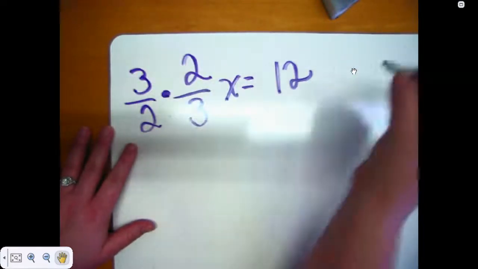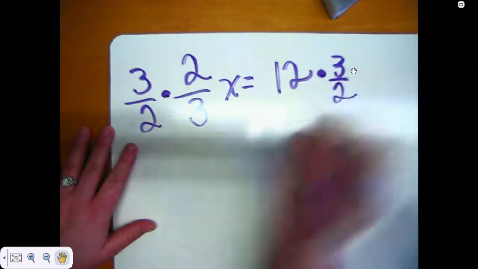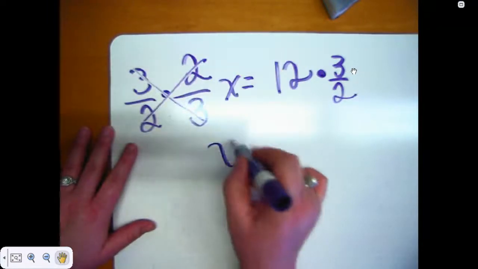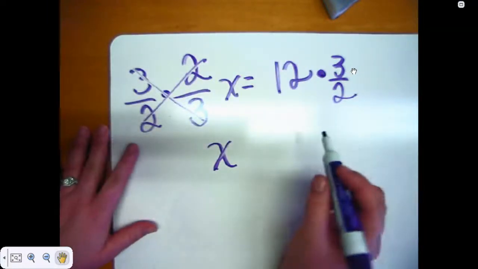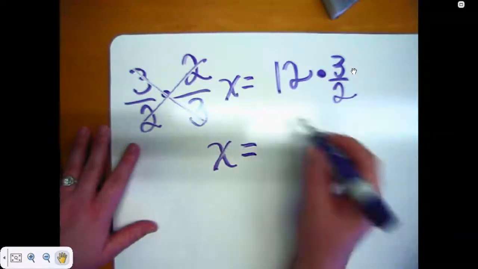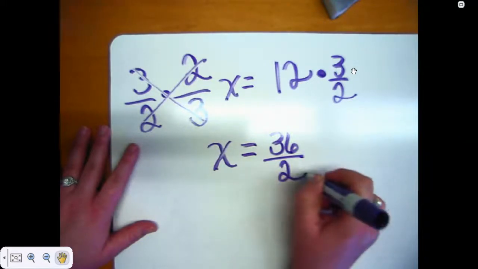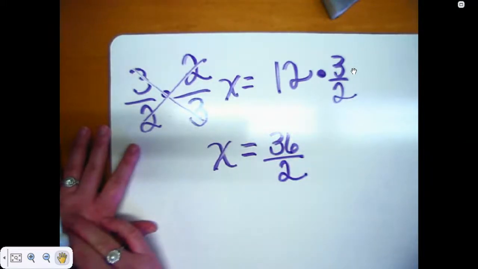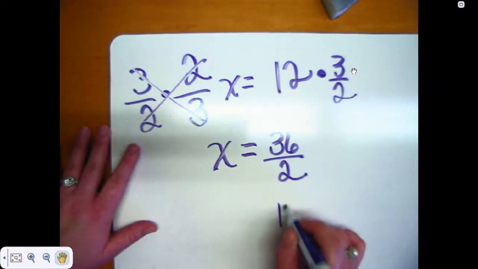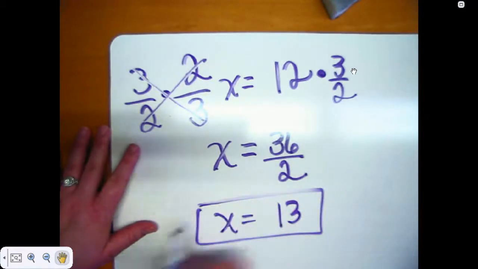And if we do that on this side, we also need to do that on this side. So these cancel out and equal x. They just equal 1x because it would be 6/6x. And 12 times 3 is 36/2. We can simplify that a bit further because 36 divided by 2 is 13. So x is equal to 13.